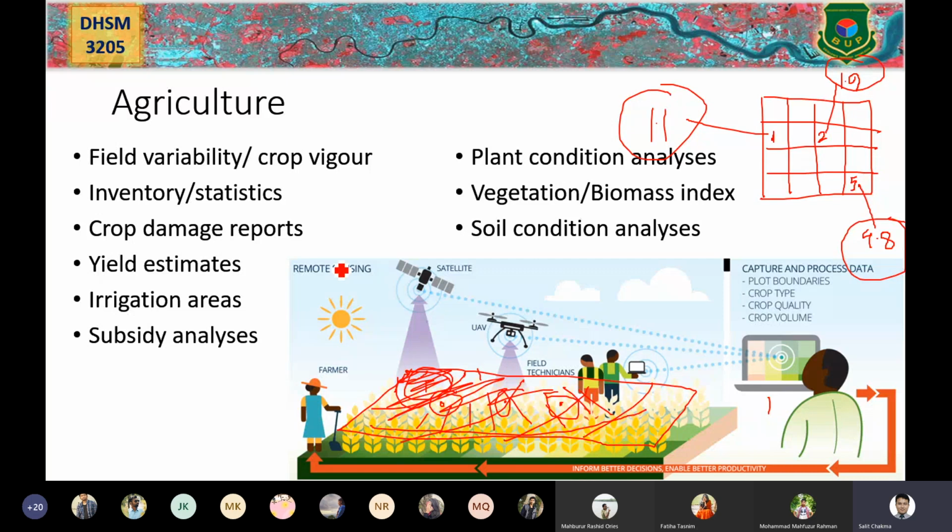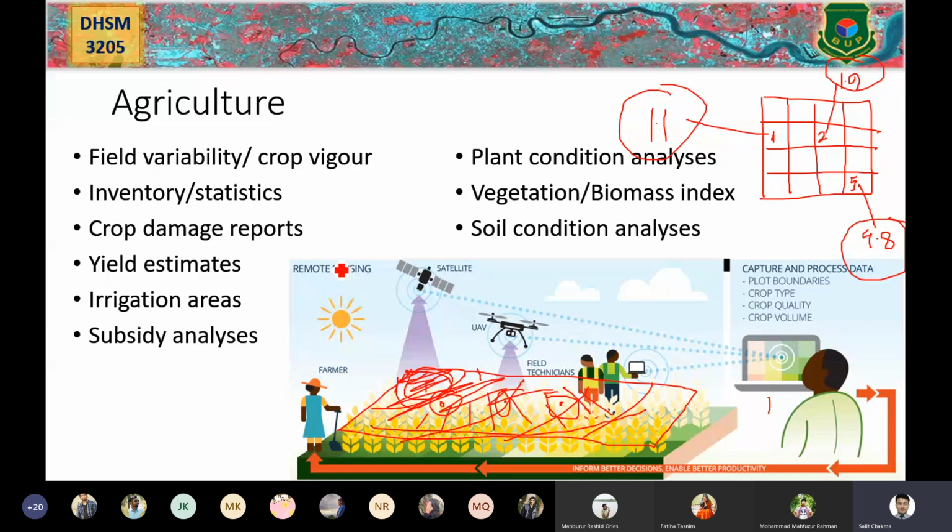Okay, so if you go to India or Nepal or even Pakistan or even other developed nations, you will find that multiple researches are going on in the agricultural field which are based on GIS and remote sensing. For example, I think you have heard of Sohanur Rahman.